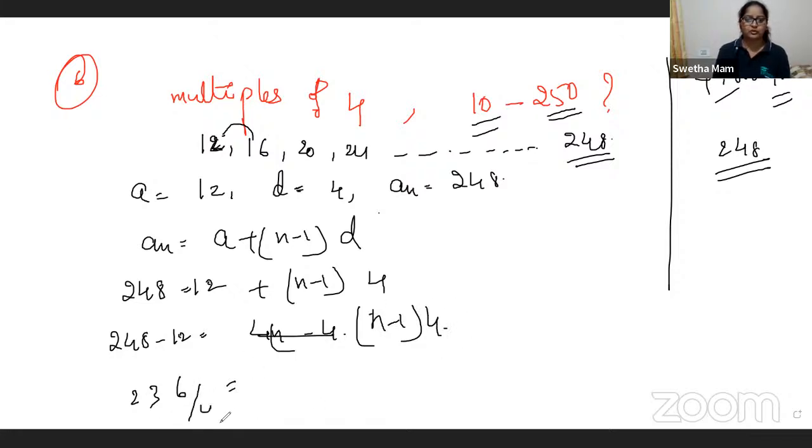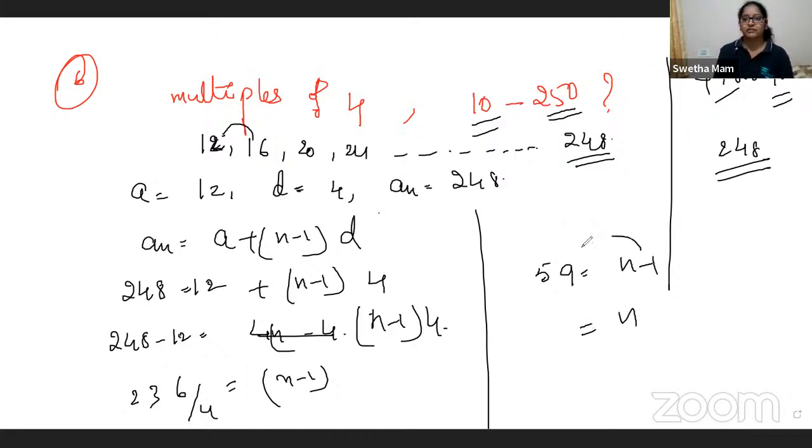Then take this 4 to the denominator, n minus 1. 4 fives are 20, 4 nines are 36. So n minus 1 is 59. So n is equal to 59 plus 1, that is equal to 60. There are 60 multiples between 10 and 250.